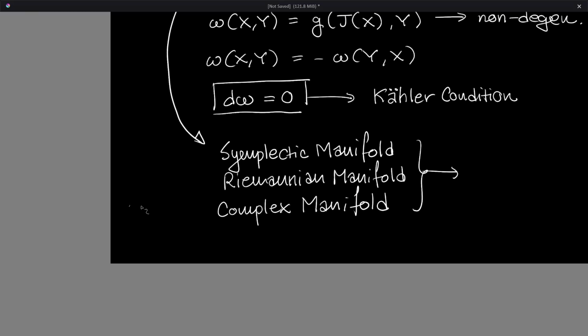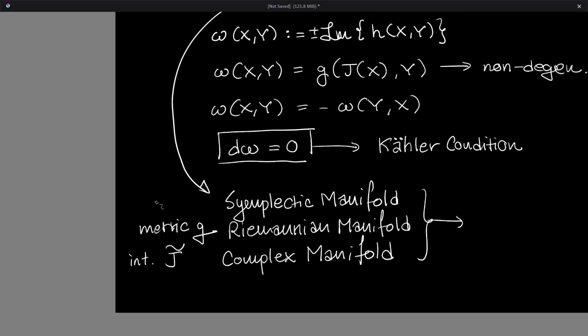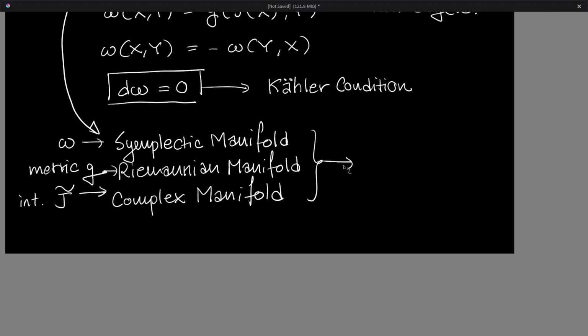So this is because it has an integrable J twiddle, it has a metric G, and now it has a valid omega. So with these three structures, it then becomes a Kähler manifold.